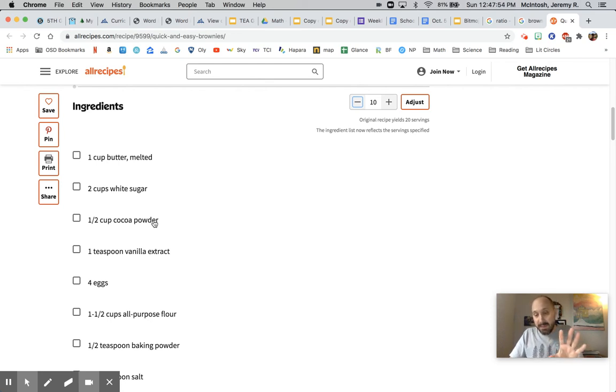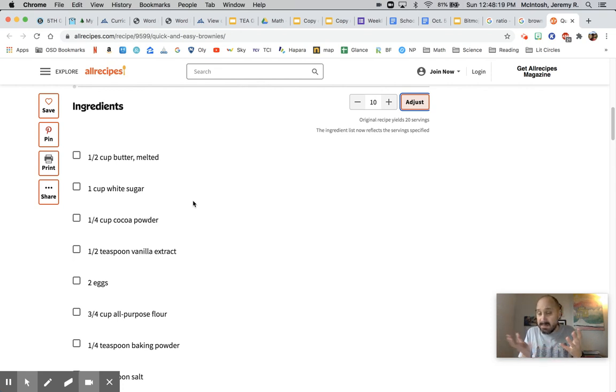We haven't talked about that, but half of a half is really a quarter or a fourth. And 1 teaspoon, half of that is half. 4 eggs, half of 4 is 2. Let's see if that works. Adjust. And there we go. Half a cup of butter, 1 cup of white sugar. So the ratios need to stay the same in order for the recipes to taste the same.